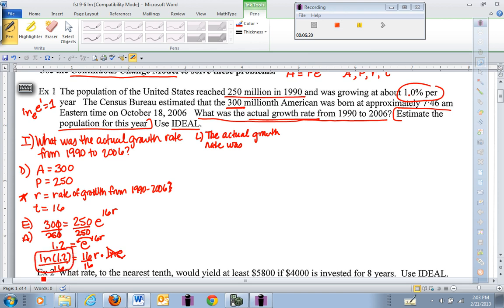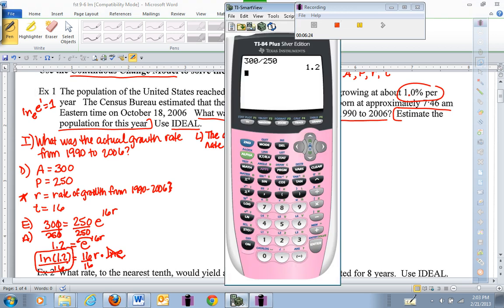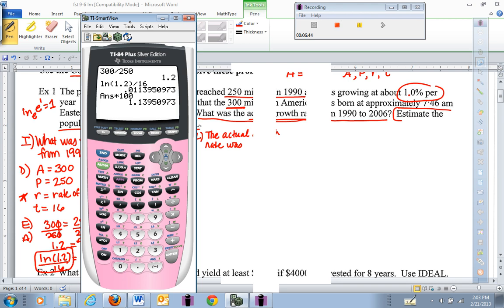That's the exact amount. So I'm going to probably want to get that as a decimal. So I'm going to take the natural log of 1.2 and divide by 16. I'm just going to see what that is. Okay, and then if I wanted to make it into a percent, I'm going to go ahead and multiply it times 100. So I'm going to say that it's more like about 1.1395.